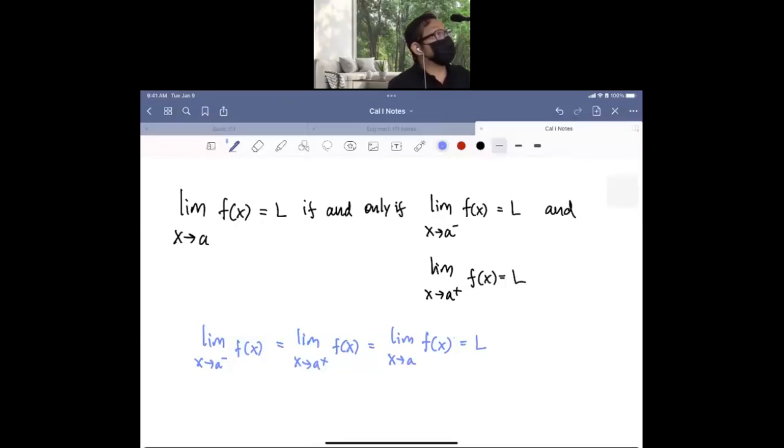So whenever you find different values from the left and right, then we can say the limit doesn't exist.